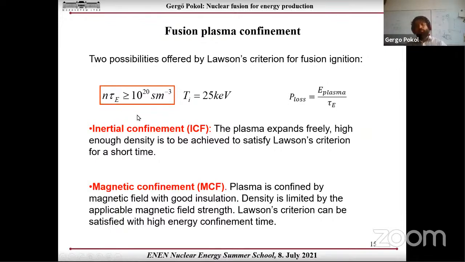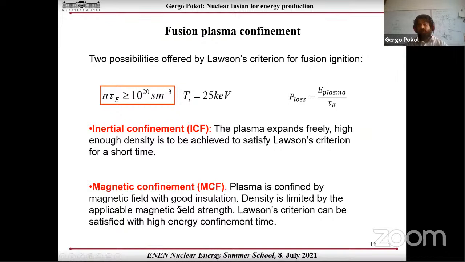And well, you compress the fuel with an atomic bomb. So I mean, you can achieve this. But it's really hard to do in small scale, so that the city around the power plant survives.